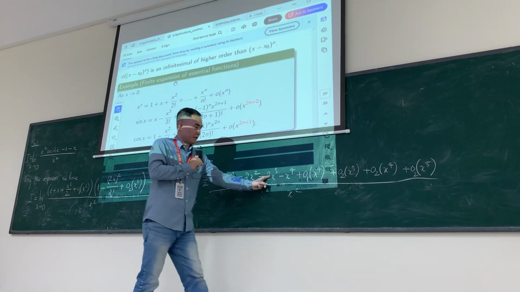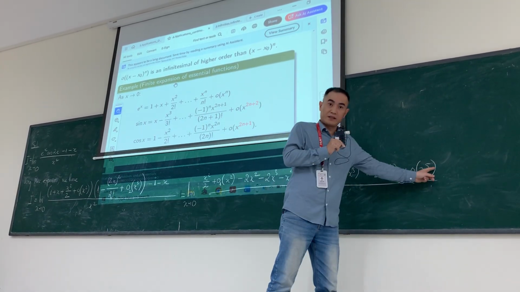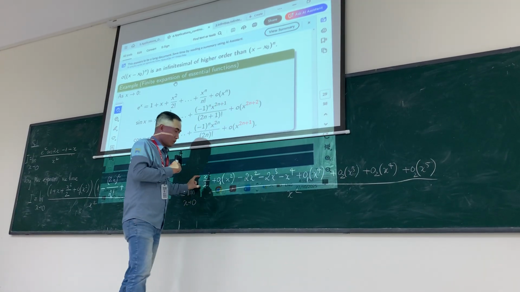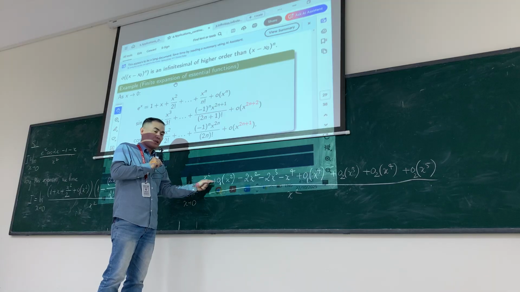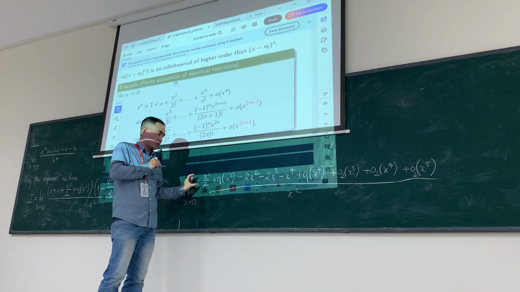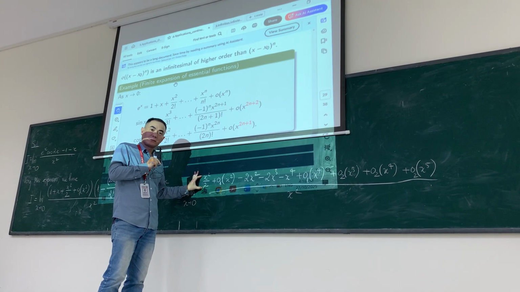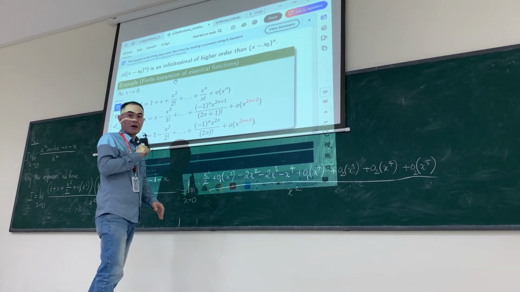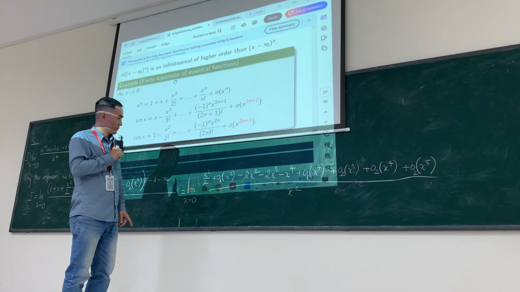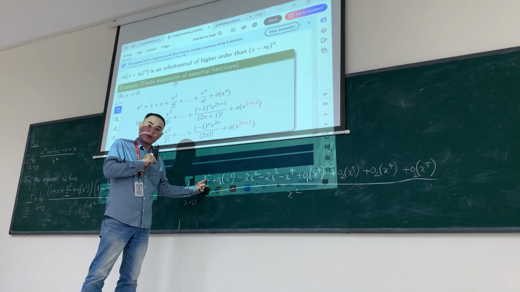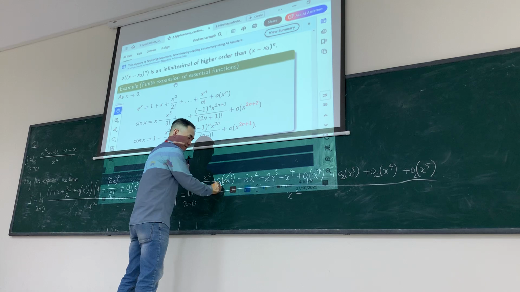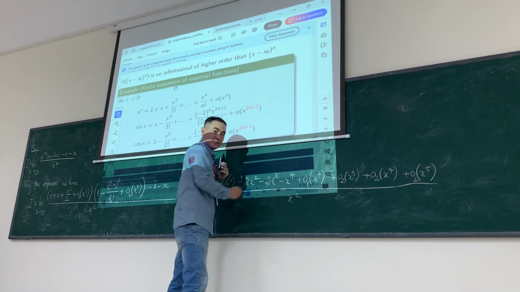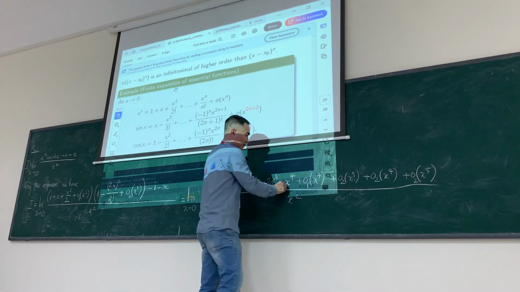Infinitesimal, as x tends to 0. We compare: all the infinitesimals belonging to the numerator are of higher order than x squared. So it can be this, the higher order.